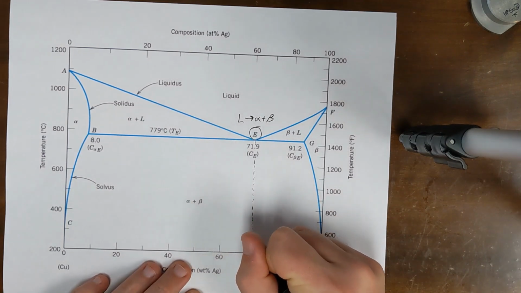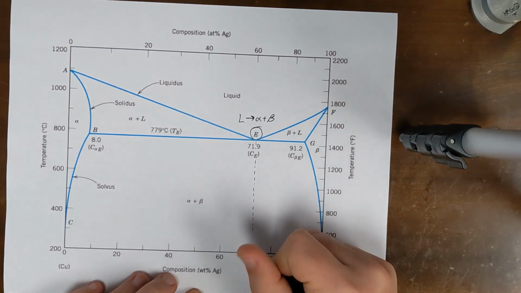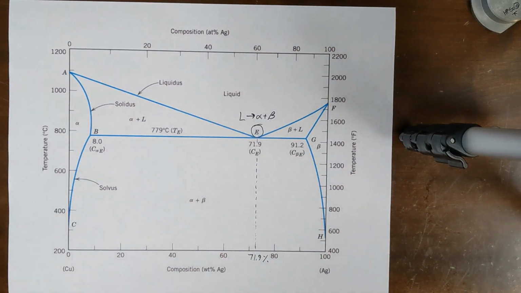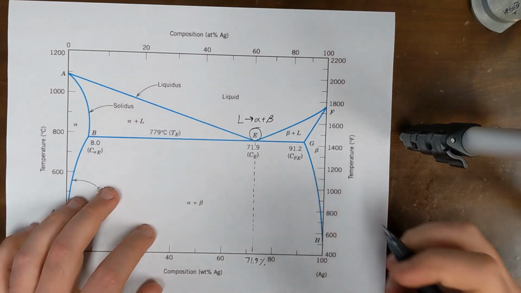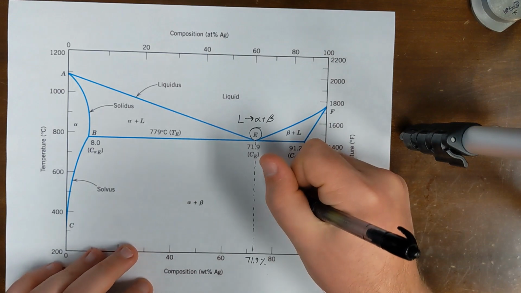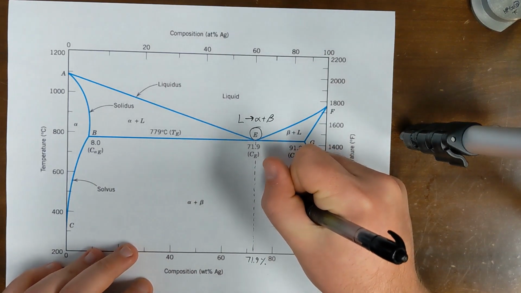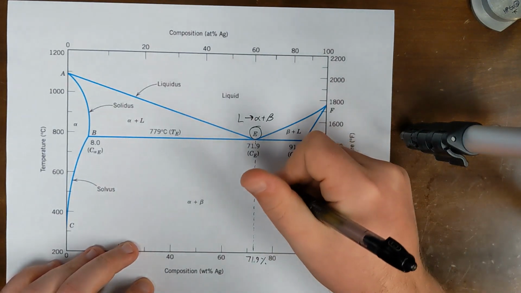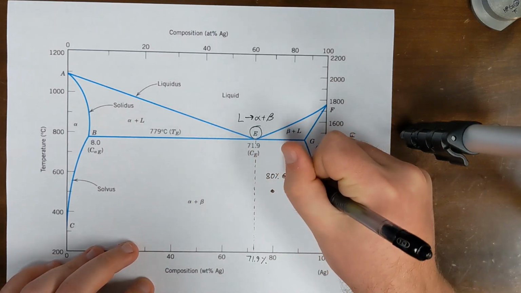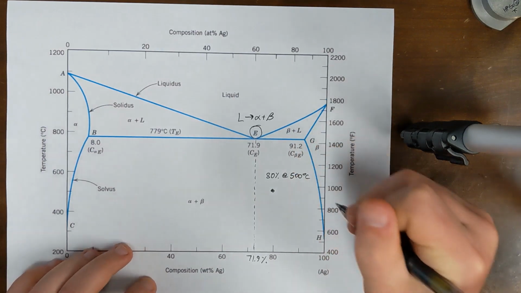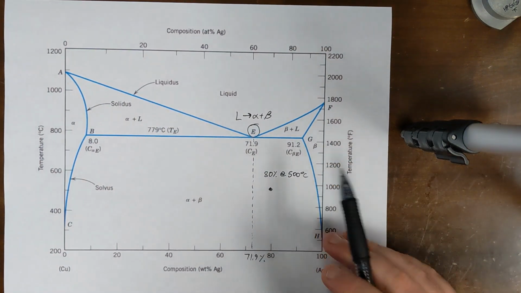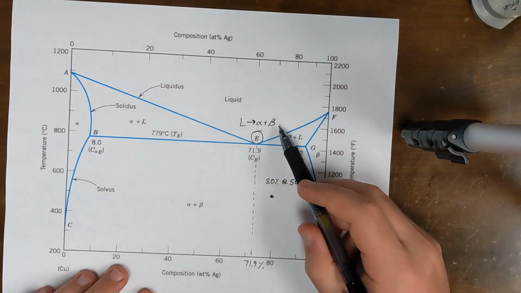It's at 71.9%, right? So, say we had an alloy which was a hypereutectic alloy, let's say 80% silver at 500 degrees Celsius, right? 80% at 500 degrees C. This microstructure, assuming we cooled from a liquid, initially starts as a liquid.